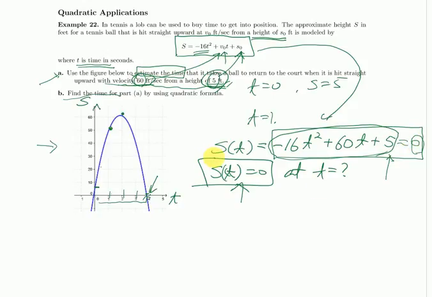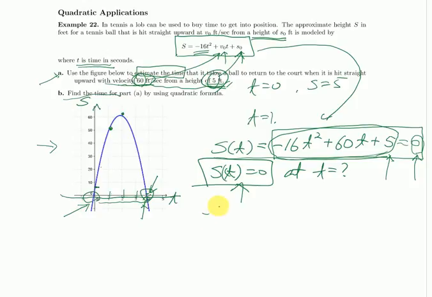The left hand side is a function for height, and the right hand side is simply equals 0, height equals 0, so it's the x-axis. So we expect two intersection points or two values, and one of them, without any calculation, should be negative from the graph, and that is not what we are looking for. So we just accept the positive value after you calculate.